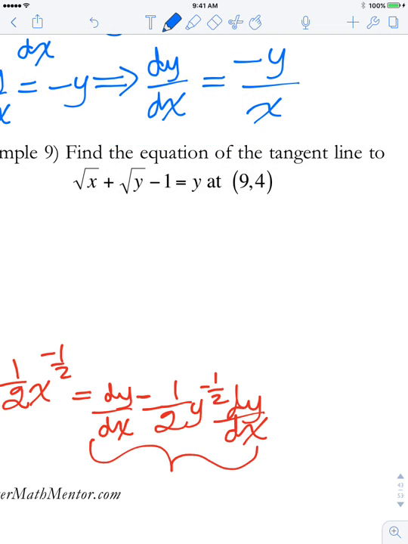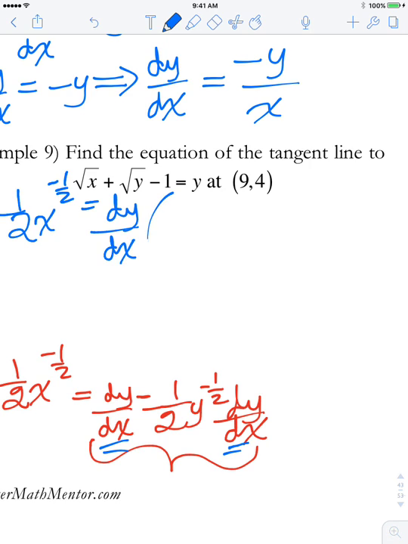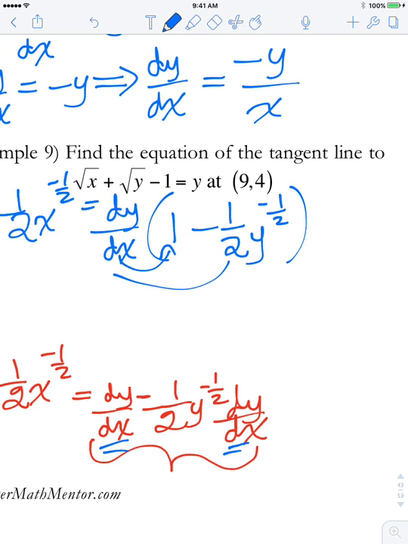Okay, so now I have 1/2 x to the negative 1/2 equals, I'm going to factor out a dy dx, equals dy dx, open parentheses, 1 minus 1/2 y to the negative 1/2. And if I redistribute this, I'll get the original expression back.